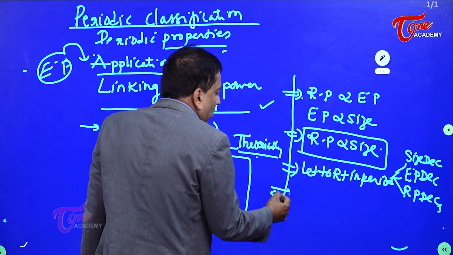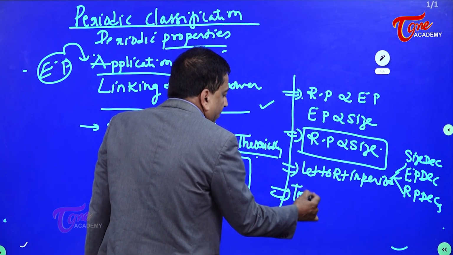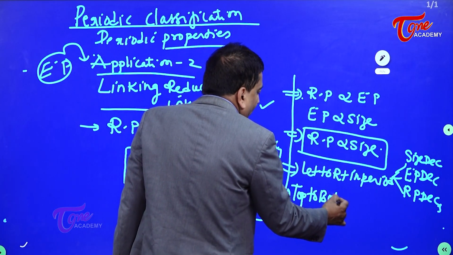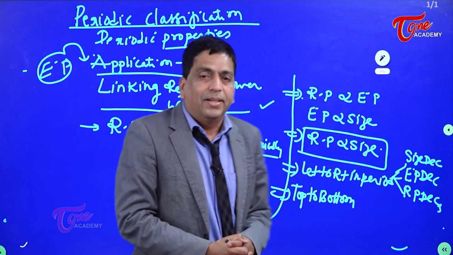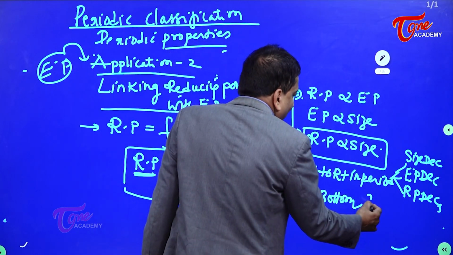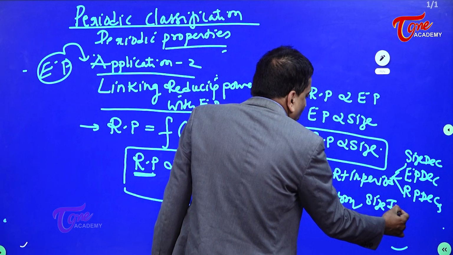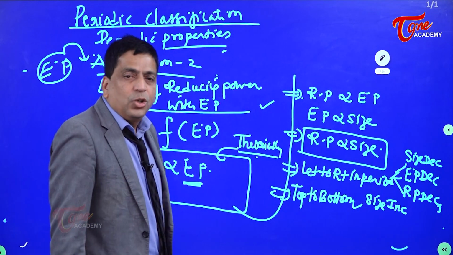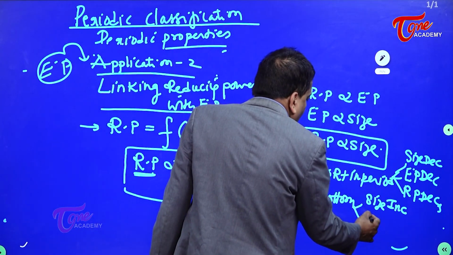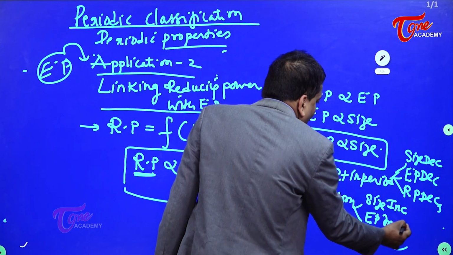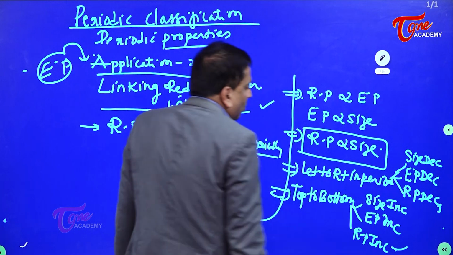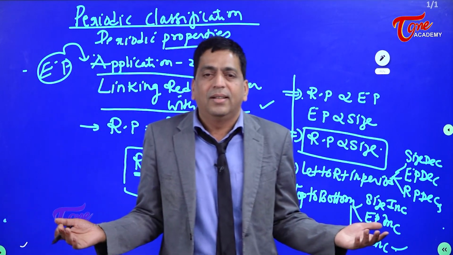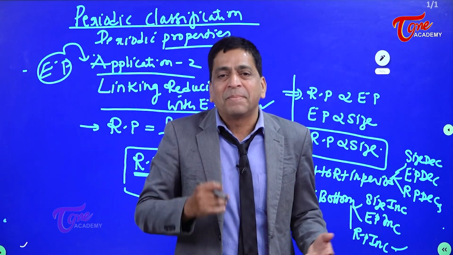And then from top to bottom, the size increases, so electropositivity increases, and then even reducing power increases. You must understand this.